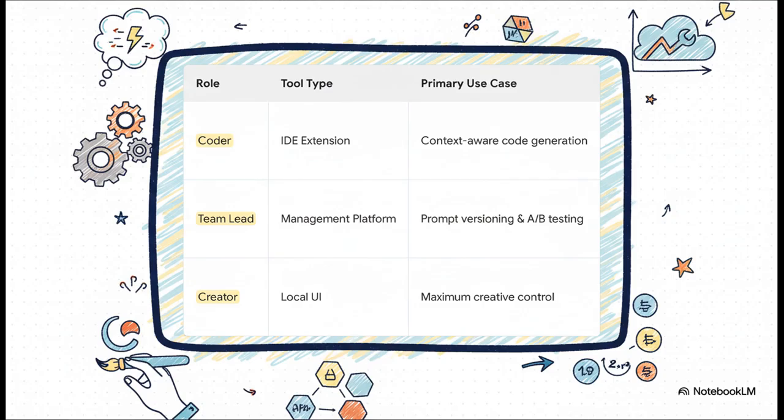Now, if you're a team lead managing prompts for a support chatbot, you're going to need a management platform to version your prompts, run A/B tests, and collaborate with the team. And a digital artist? Well, if they want maximum creative control over image generation, they'll use a local interface like Automatic 1111 to fine-tune every possible parameter. See? Each job has its own specialty gear.